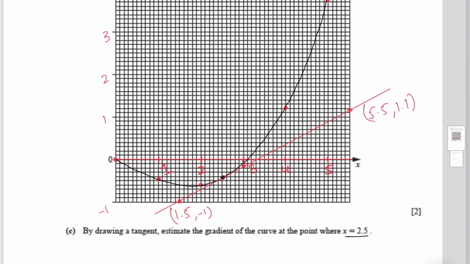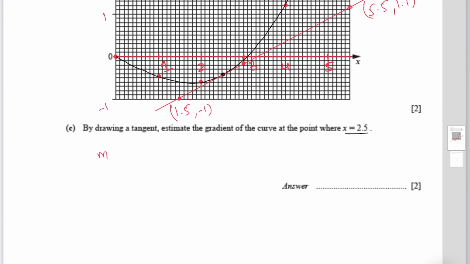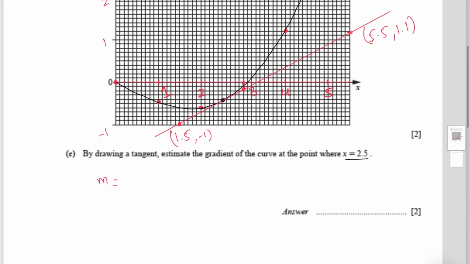Let's say it's 1.1. Okay. So let's find the gradient now. We do y2 minus y1, which is 1.1 minus negative 1, divided by 5.5 minus 1.5, and let's see what we get. We get 2.1 over here and 4 over here.